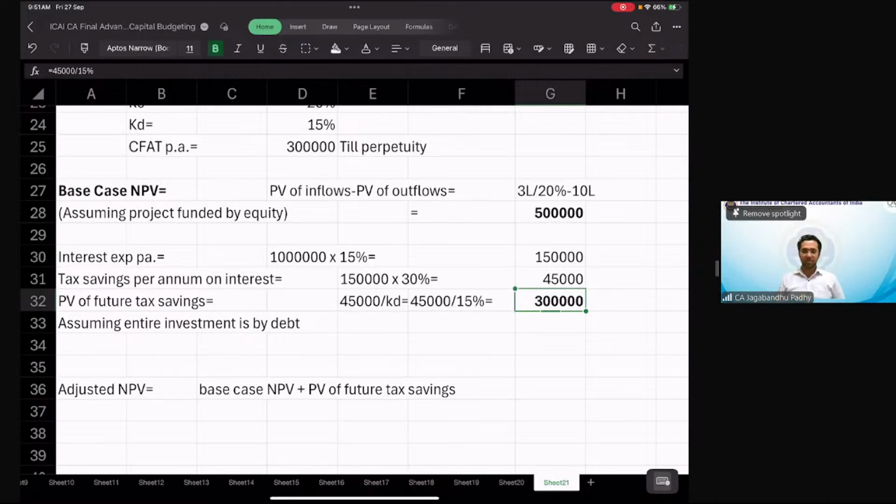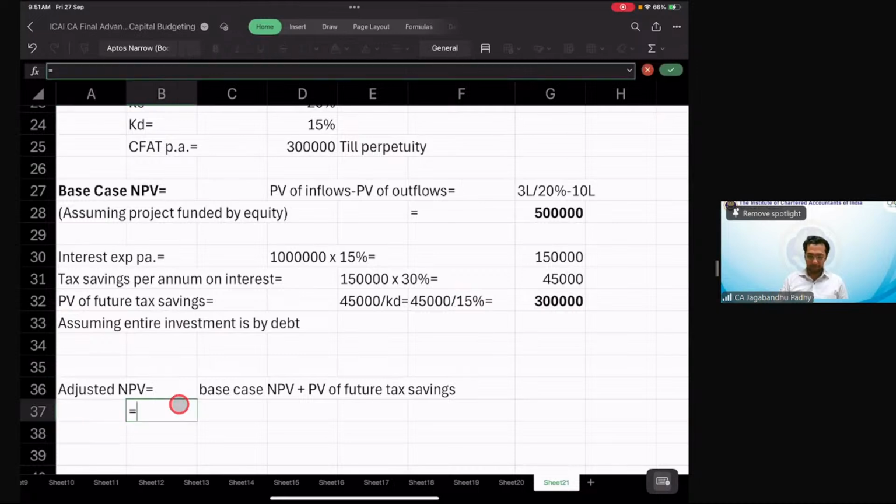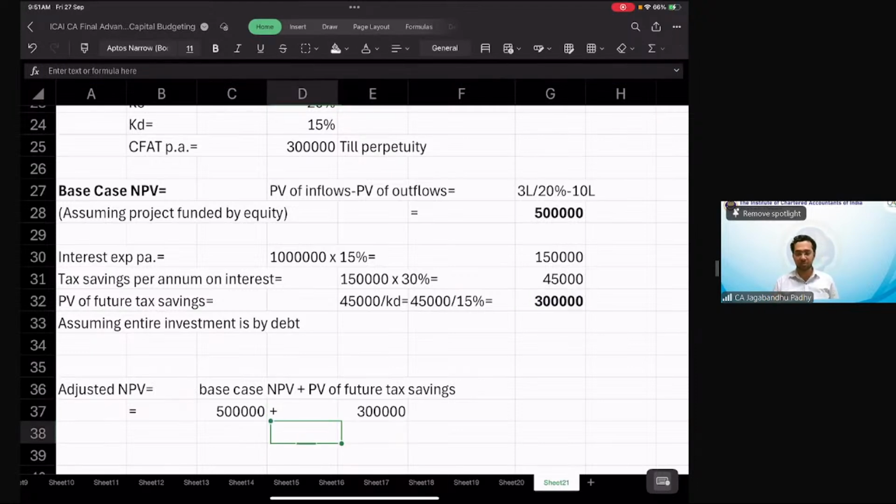So we got two numbers. One is if you are going to fund the project fully by equity, the NPV is expected to be 5 lakh. If you are going to fund it by debt, we will have an additional saving due to the tax on interest, and that's going to be 3 lakh. So adjusted NPV will be calculated as base case NPV plus 3 lakh as future tax saving.